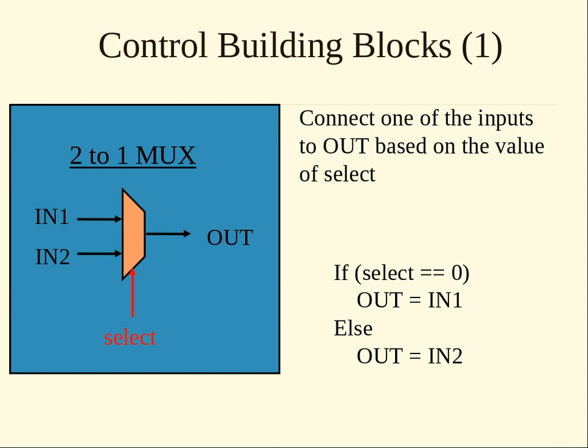It's ANDs, but there's a NOT on one of the S. So you got an S that goes to both of these, and there's a NOT on one of them. The NOT goes with input one. So the NOT's right here. Yeah. And then these two go into an OR. Yep. Let's see if that makes some sense.